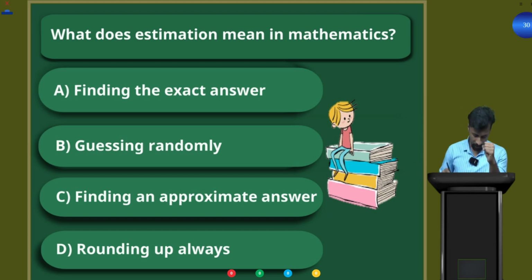I will give you 45 seconds of time. So answer it properly, students. What does estimation mean in mathematics? Estimation means, in other words, approximation. Approximation means something has a value, and if I don't know the exact value, we just assume it.